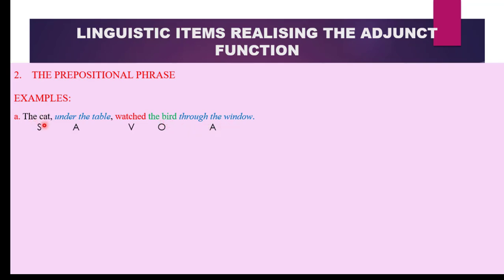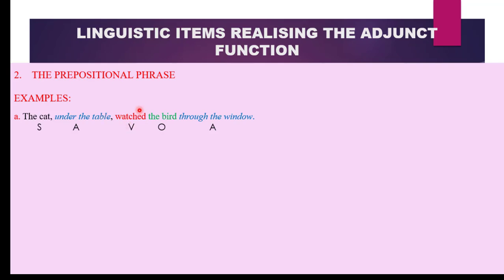The cat is our subject. Under the table is a prepositional phrase because it begins with a preposition. And what information does it give us? It gives us information about where the cat watched the bird. It is an adjunct. Therefore, this prepositional phrase is functioning as an adjunct because it provides information about where the action occurred.